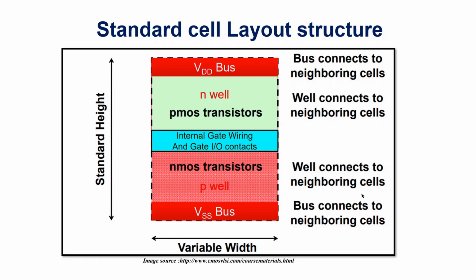PMOS and NMOS have separate areas allocated. Within this area you have to design, and the corresponding internal gate wiring and IO connections can be done within this standard cell height. So the height is constant, but you can use a variable width depending upon your requirements.